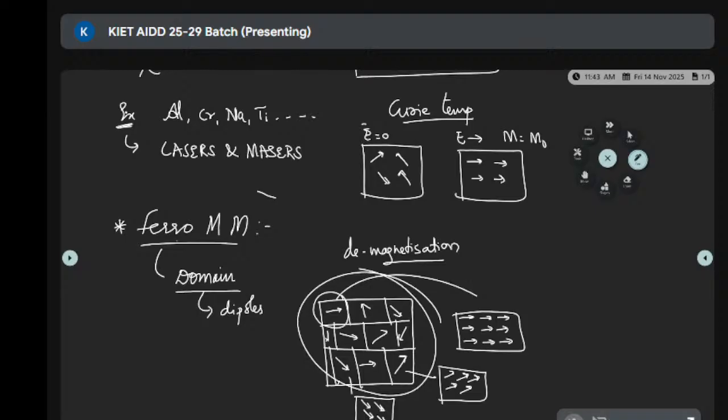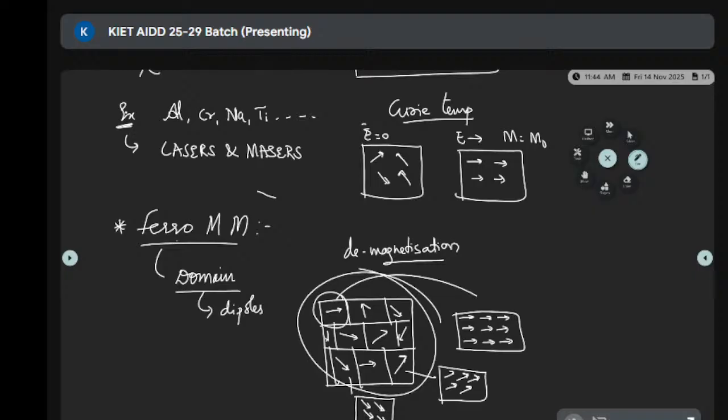In ferromagnetic materials, what is the specialty? Orientation.